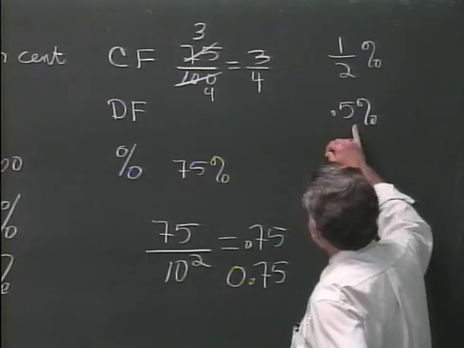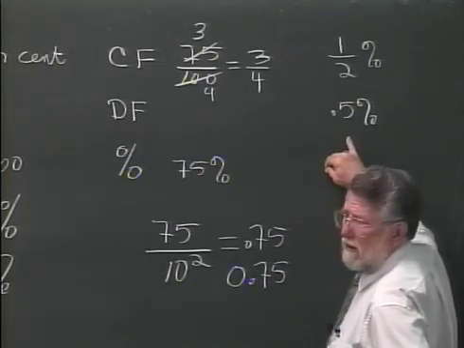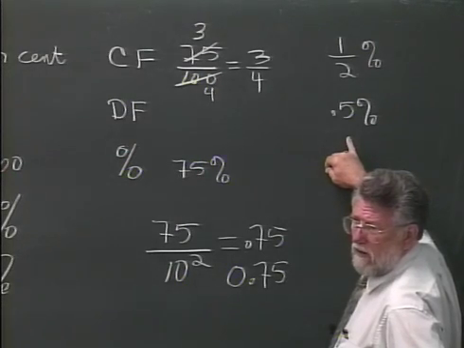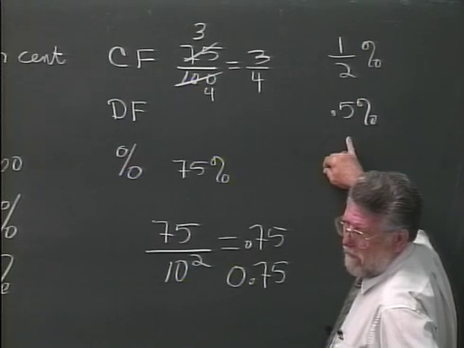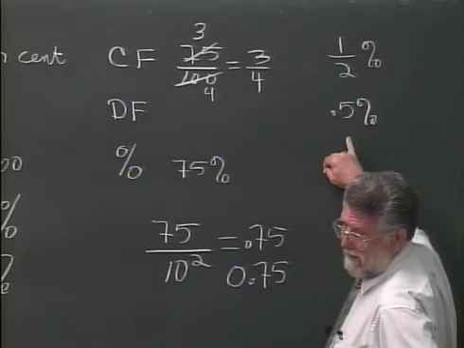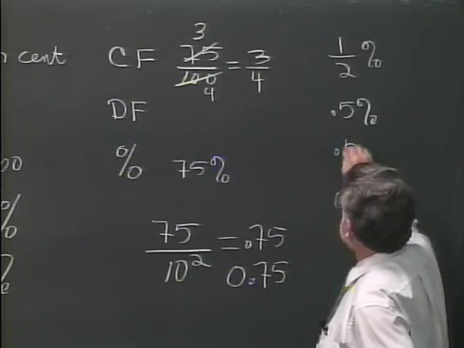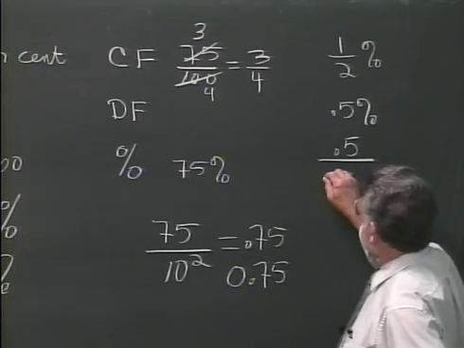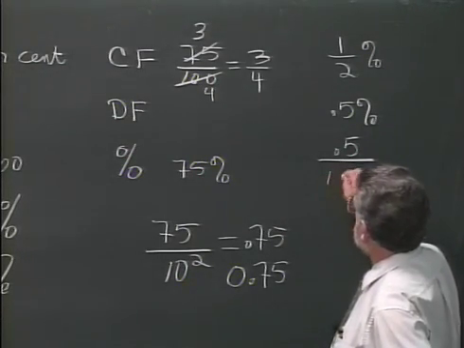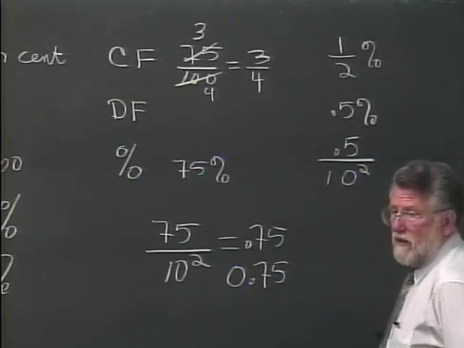But this is not the decimal itself. This is still a percent. So this means what? 0.5 over 10 to the first, over 10 to the second. 100 is 10 to the second, right? 0.5 over a percent, over a cent, meaning over 100, which is 10 to the second power, because 100 has 2 zeros in it.